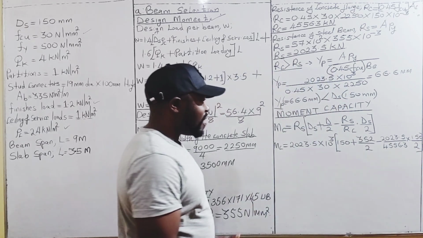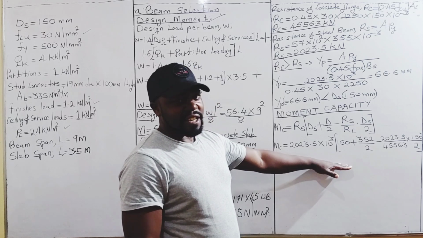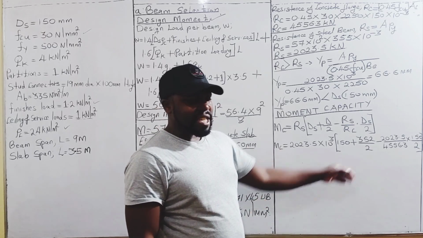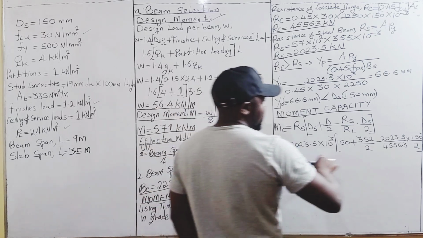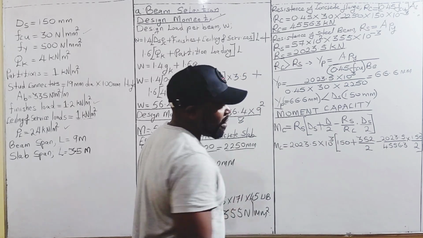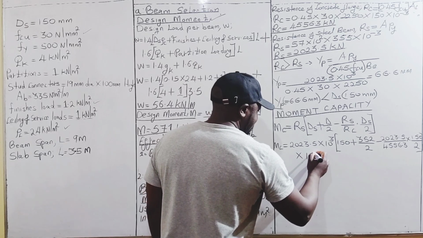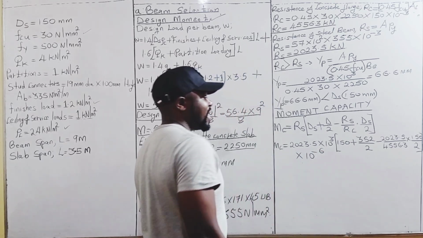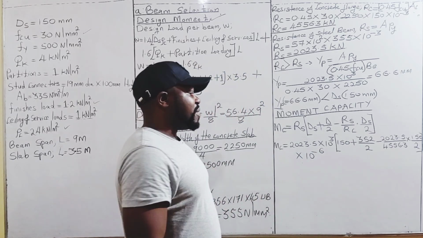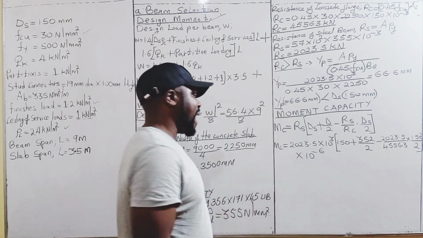So that is going to give us the answer in Newton millimeters. So to convert to kilonewton meter, we are going to divide the whole of this calculation by 1 million, or in simple terms, we multiply by 10 raised to the power of -6. That will convert Newton millimeters to kilonewton meter.